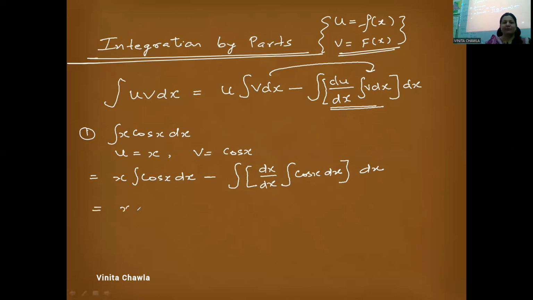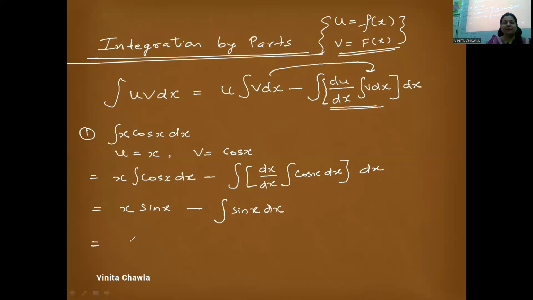Now tell me, when we integrate cos x, we get sin x. Simply write sin x here. Negative sign, follow this integration sign. dx by dx is nothing but 1, no need to write anything. And cos x dx is sin x and this dx.